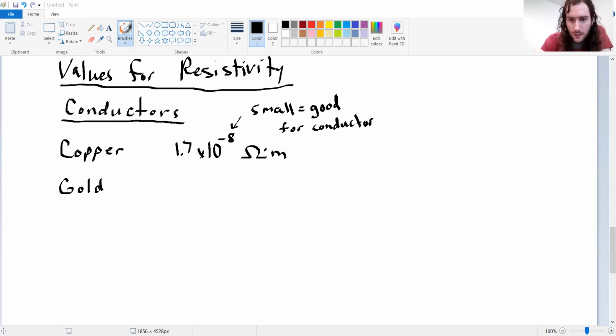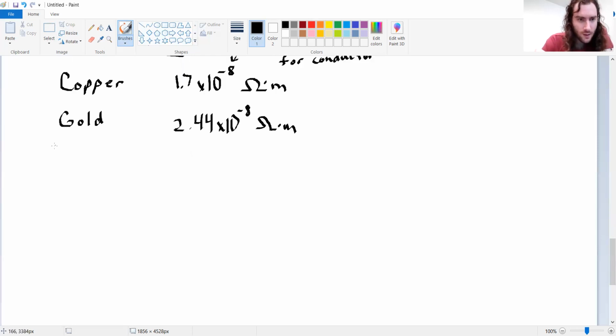For gold, we have, no, gold is higher, excuse me, 2.44 times 10 to the minus 8. And then silver, now this is where it gets interesting. Silver is better than copper.